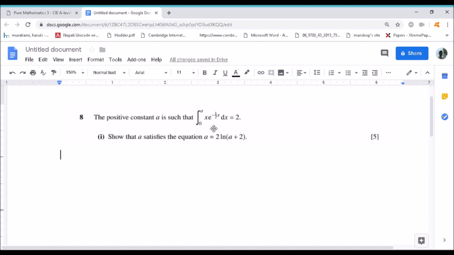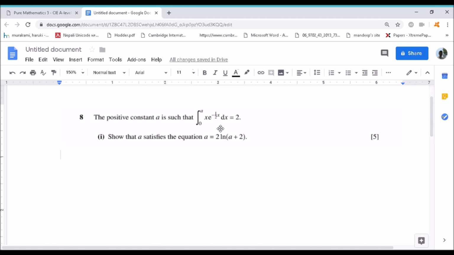We cannot use u equals e^(-1/2 x) because in the formula you have to differentiate u and get a simple number, not a continuous variable, otherwise you cannot solve it.